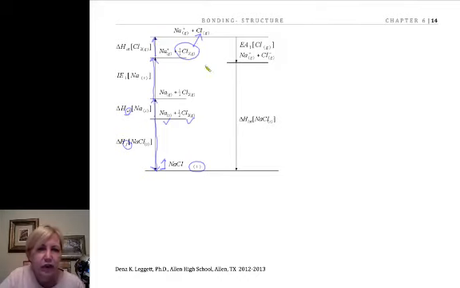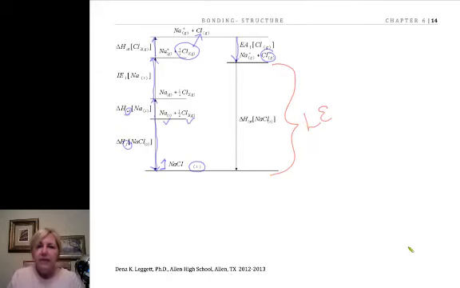Instead of having Cl2, we have Cl. All right? And then here we added an electron to the Cl. So we formed that. And then finally, if we add all those up, if we combine all those processes, we would calculate the lattice energy. All right? So that's the Born-Haber cycle.